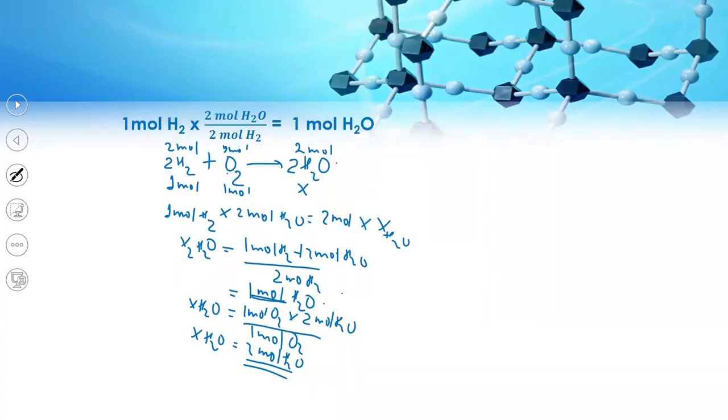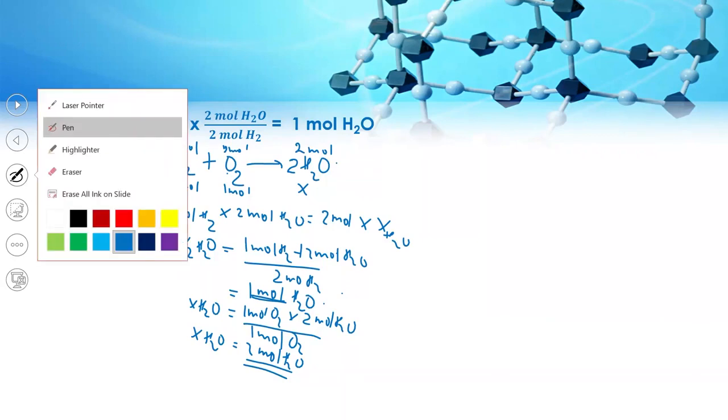So we cannot obtain this much water from 1 mole of hydrogen, but we can obtain 2 moles of water if we use an excess amount of oxygen. So hydrogen is the limiting reactant, oxygen is the excess reactant.